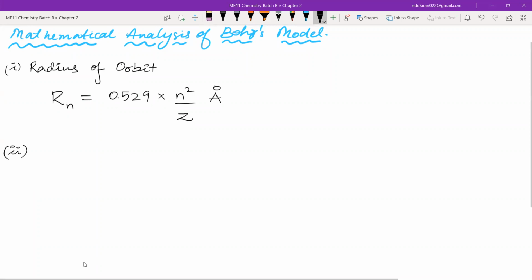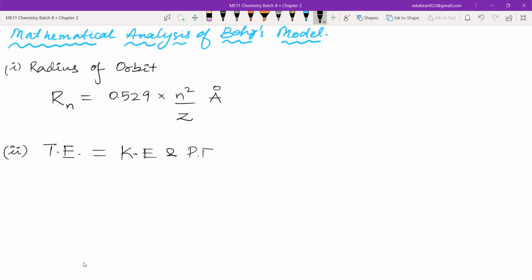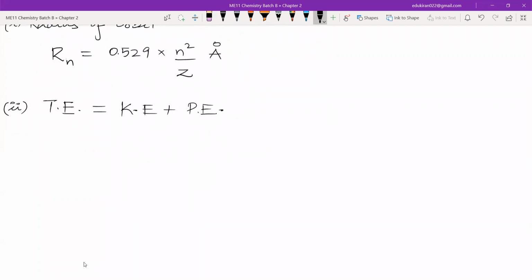So the total energy for the electron will be equal to the kinetic energy plus the potential energy. First we will look at the kinetic energy.